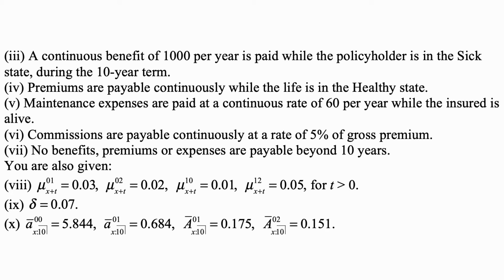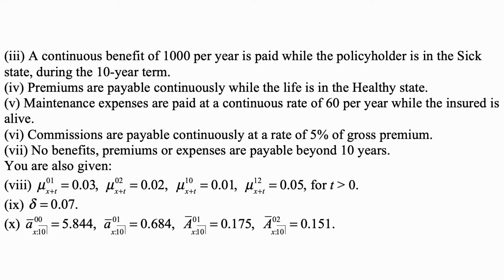A temporary 10-year life annuity payable for a person starting in state 0, payable while the person is in state 0, is 5. Its actuarial present value is 5.844. The same annuity payable while the person is in state 1 has actuarial present value 0.684.